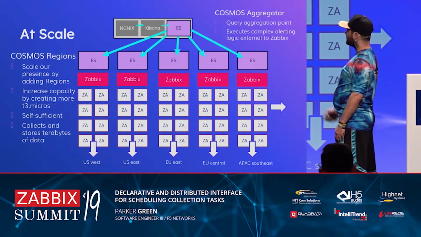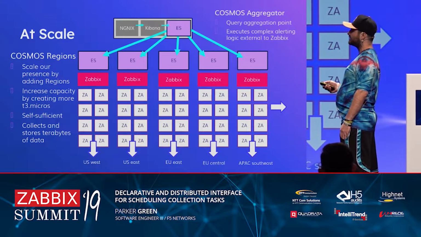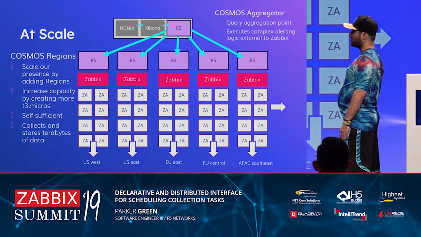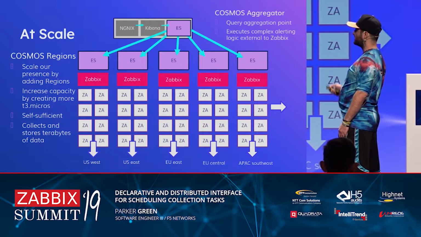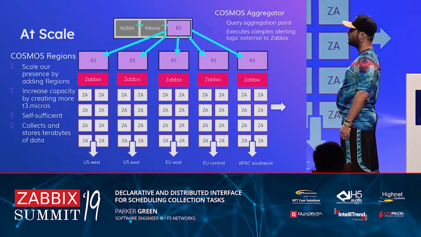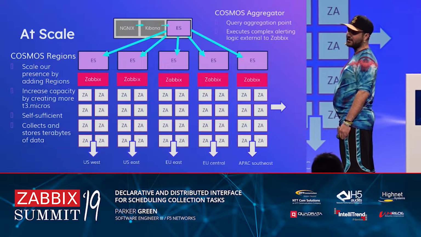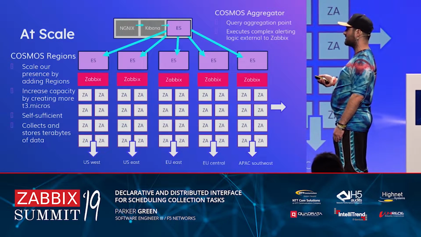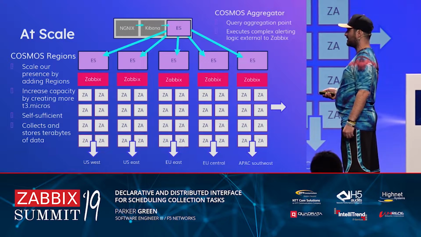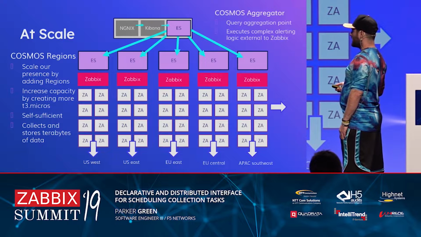And so the way we scale, at scale, we can scale our presence by just adding a region in AWS. We have a whole bunch of Terraform and Ansible that can spin this up in an automated fashion with no human input, which is great. You just go in and add a couple of stanzas into the Terraform, and you're off to go. Jenkins controls all that; we don't have time to talk about that right now.